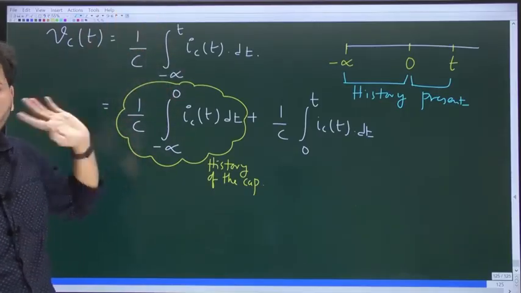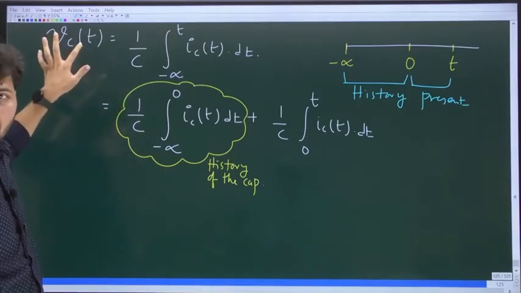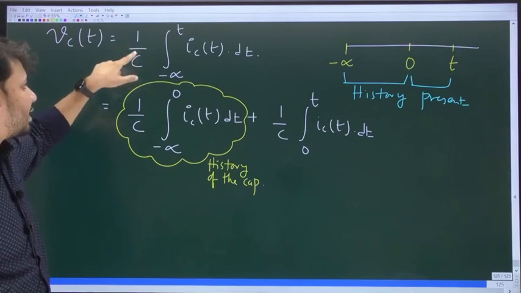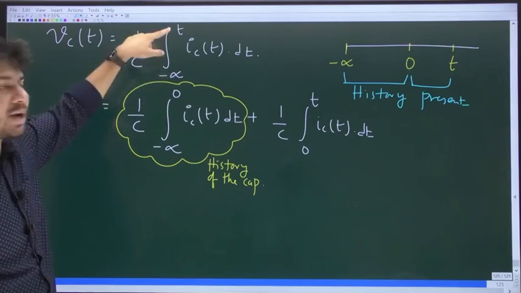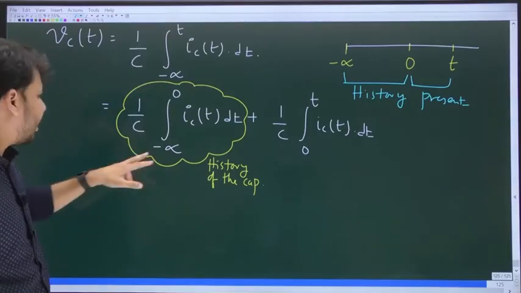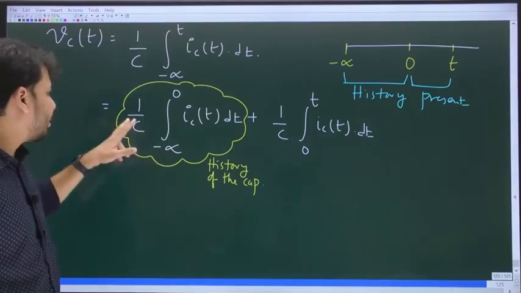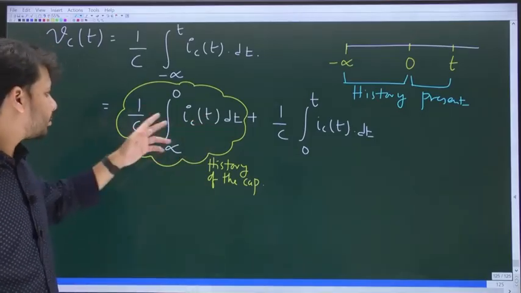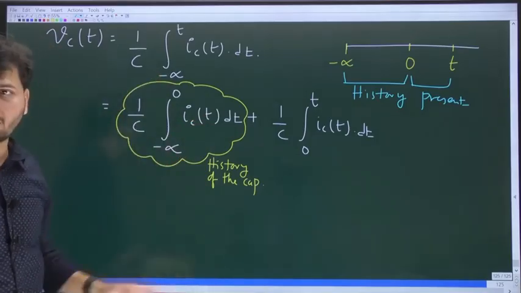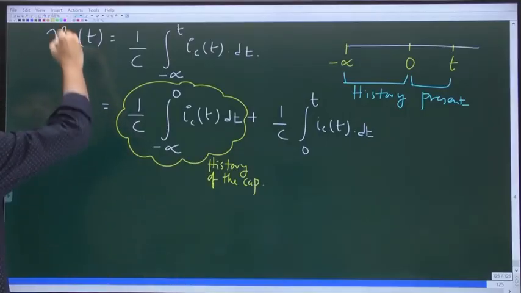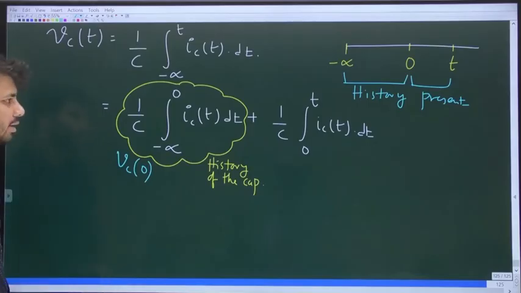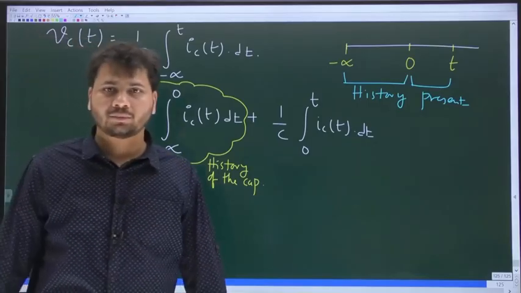If you put t equal to 0, left hand side will be Vc of 0, and right hand side will be 1 by c integral minus infinity up to 0 Ic of t dt. And look at this term, the history of the cap, 1 by c integral minus infinity up to 0 Ic of t dt. Up to 0, is it not Vc of 0? The first term is Vc of 0. That's all.